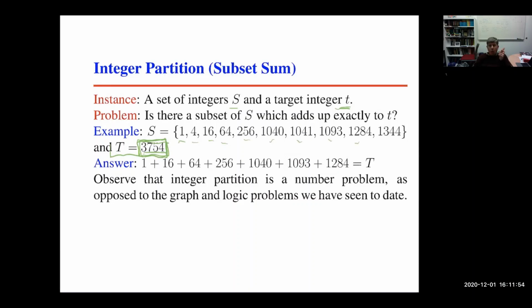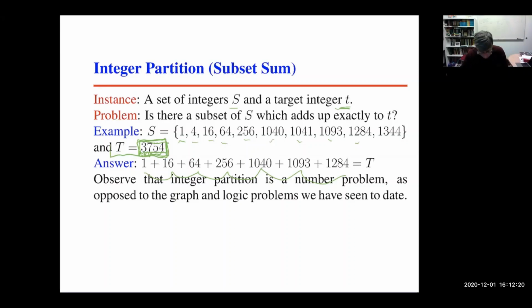Can you blow all the money you have, where you have this much money as your target, and individual objects, only one of each, with the associated weights? For certain subsets, the target can be realized.